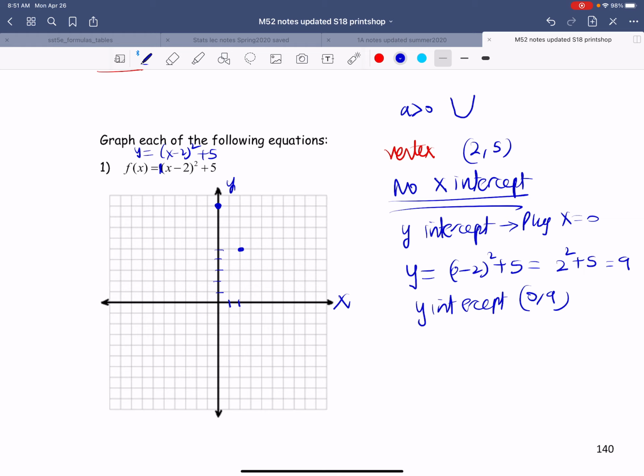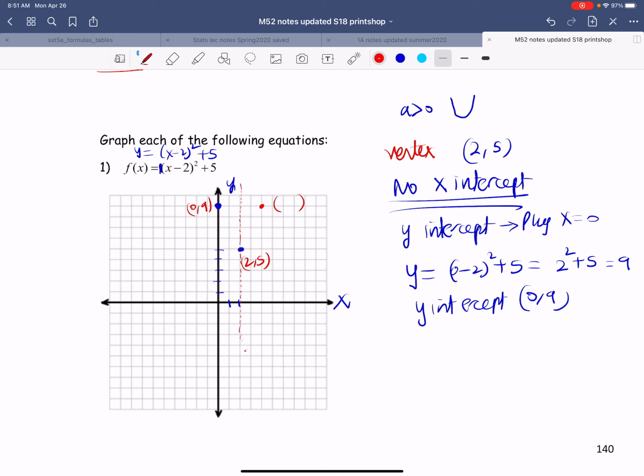Now I'm going to use the symmetry from here. I know this is the line exactly in the middle, the axis of symmetry that passes through my parabola. So if point (0, 9) is on the parabola, then I will have a point over here that's also on the parabola.